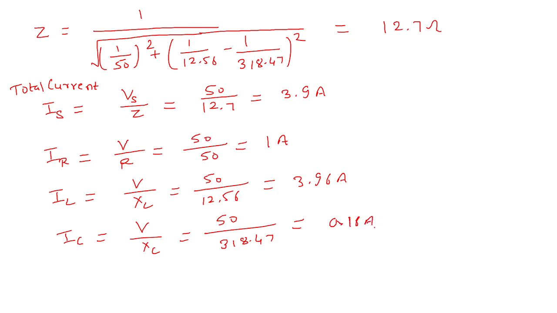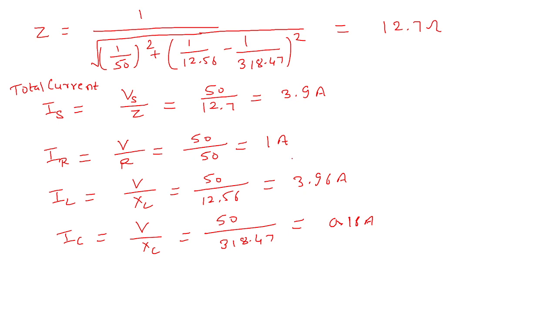After calculation of all these parameters, we need to find the phasor diagram and power factor angle. We know the current phasor diagram: this is the IR, the height is IL minus IC, and this is the IS, and this is the phase angle phi that we need to calculate for the power factor angle.